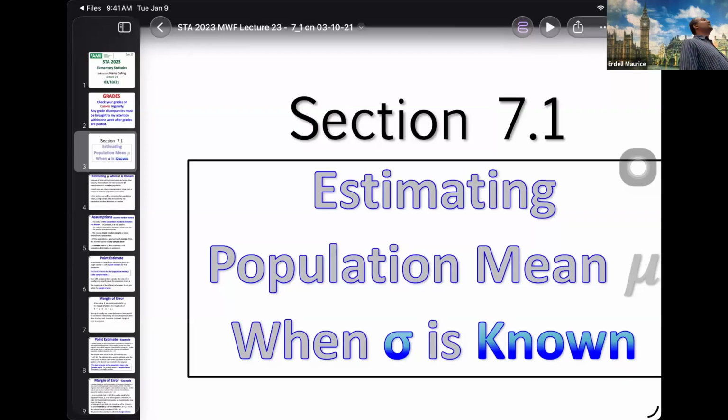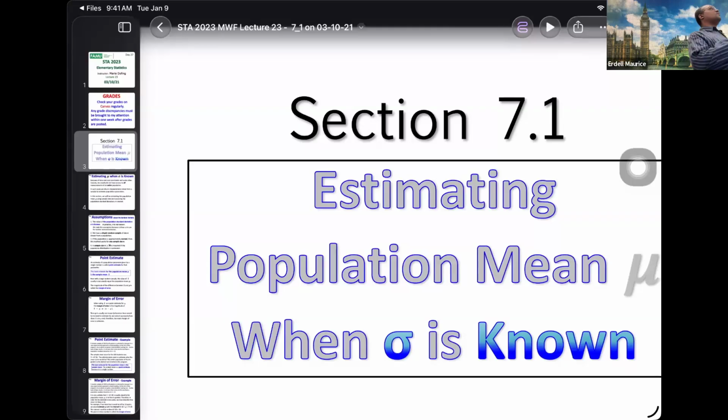All right. So last time, before we had the test, we were working in 7.1, estimating the population mean when sigma is unknown. And the main way we estimate the population mean is by creating something called a confidence interval, or CI. Yes, yes, yes.